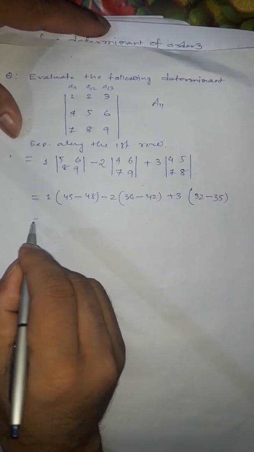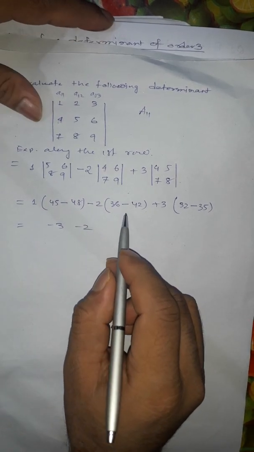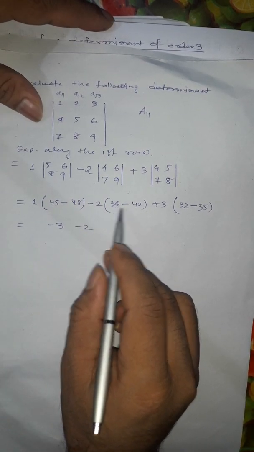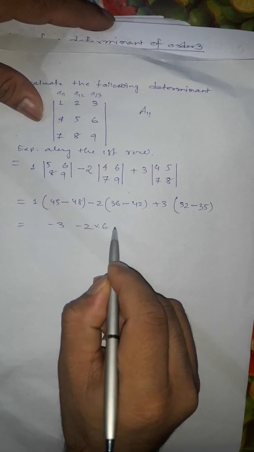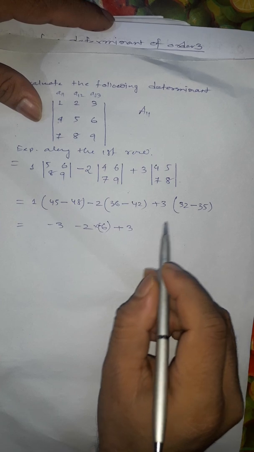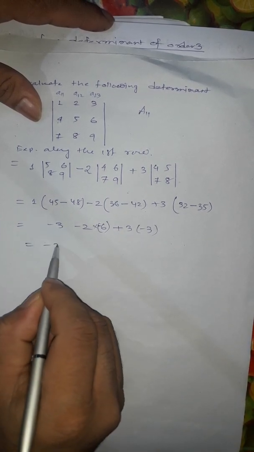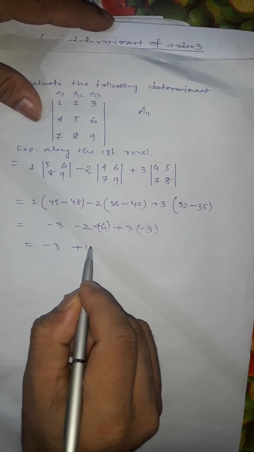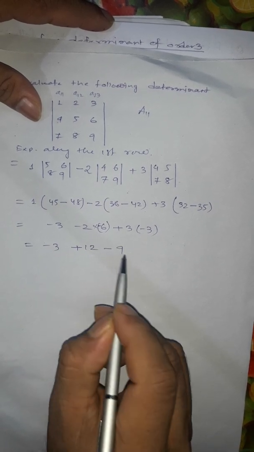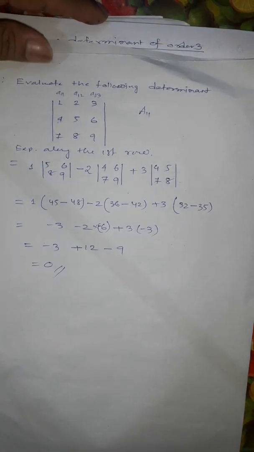So how much will we get? From here we'll get minus 3, minus 2 into, from here we'll get 36 minus 42, minus 6, plus 3 into 32 minus 35, minus 3. So minus 3 plus 12 minus 9 is 0. So the value of the determinant will be 0.